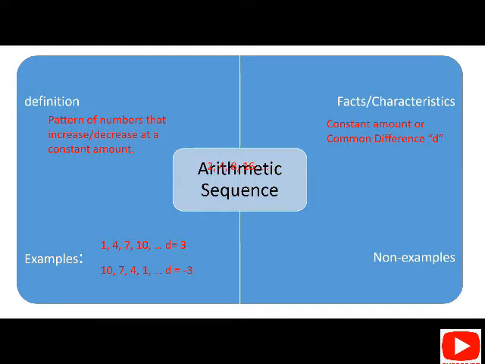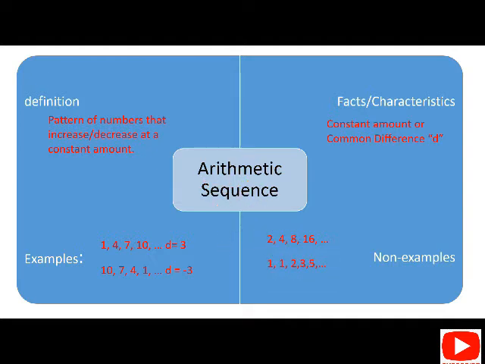And how about the non-examples of arithmetic sequence? We have 2, 4, 8, 16. This is a non-example of arithmetic sequence because when you subtract 4 and 2, that's 2, 8 and 4, that gives you 4. They're not common, or they're not the same, so therefore this sequence is a non-example of arithmetic sequence.